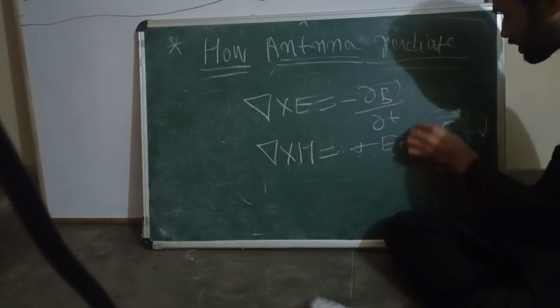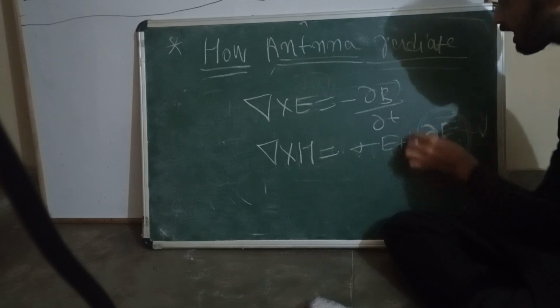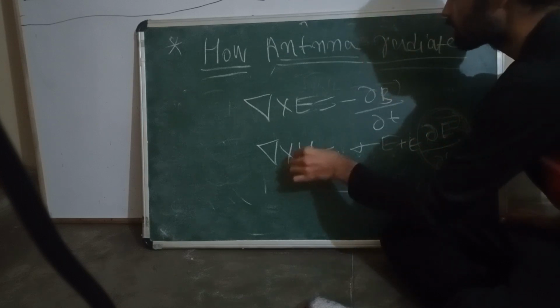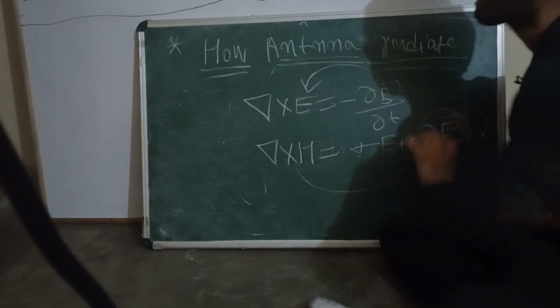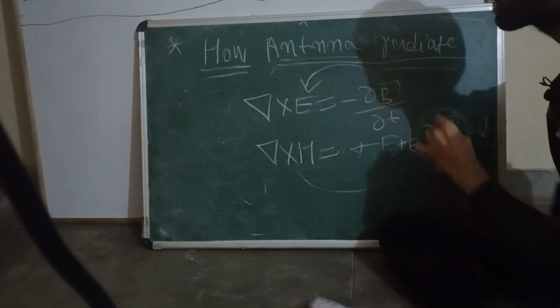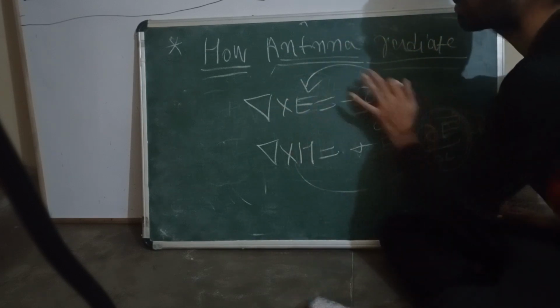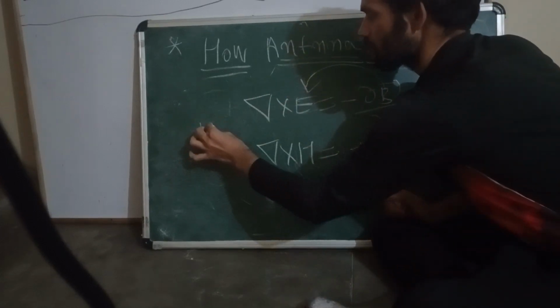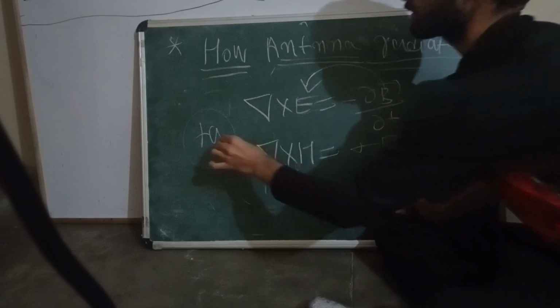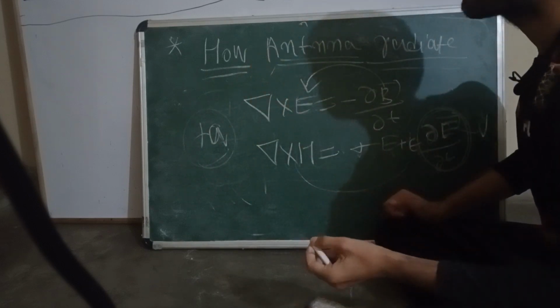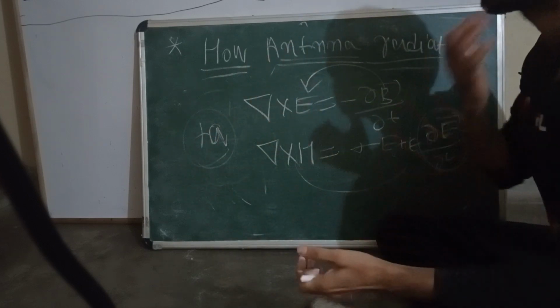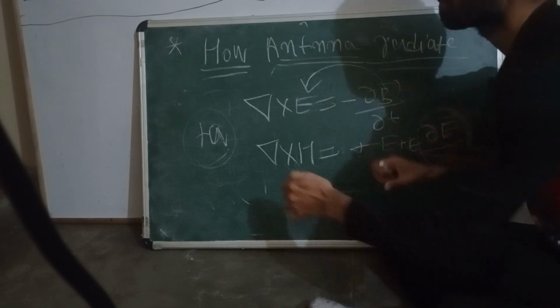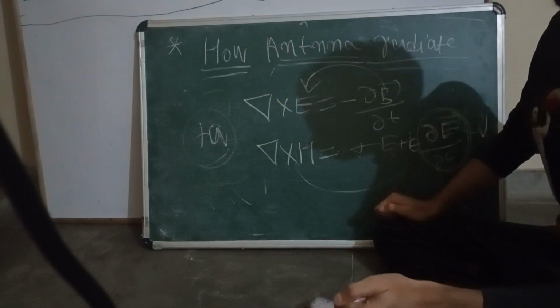See here, change in electric field generates magnetic field, and change in magnetic field generates electric field. This is because of the acceleration of charge. Once the charge starts accelerating, it will generate a magnetic field which is varying with time.